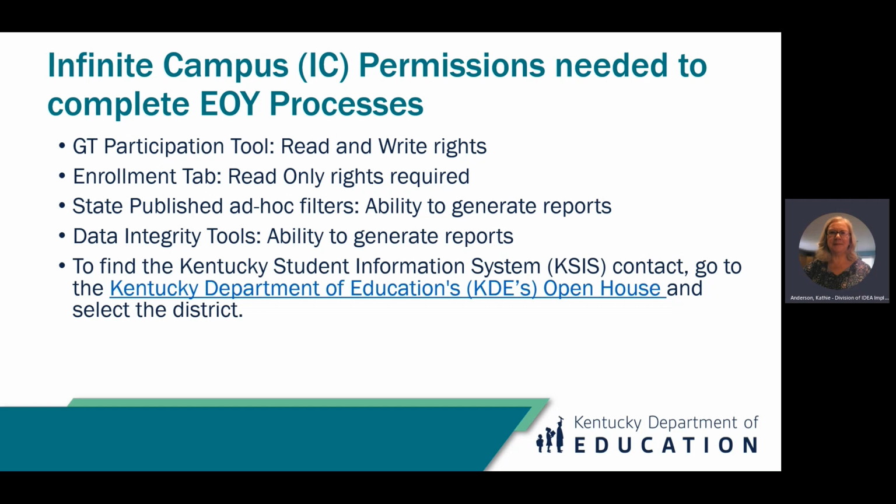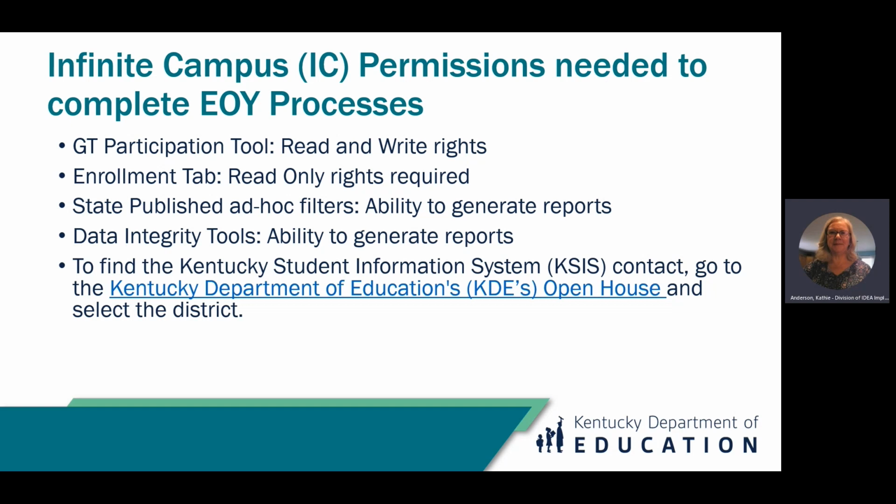So here are the tools that you'll need. The GT participation tool. This is where the GT record is created and stored. Also the enrollment tab, which is just what it means. It shows you the enrollments where students have been. You need read-only rights for that. Then you'll definitely need the state published ad hoc filters, because these give you the ability to generate reports that you'll need to clean up your data.